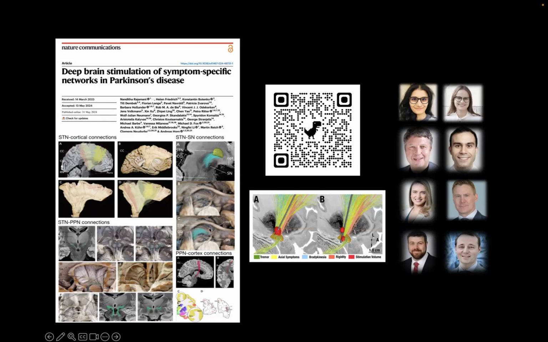You can see these connections shown here, that I've shown in the atlas, together with many connections also dissected by Georgios Skandalakis, and I worked together with Dr. Andreas Horn and this team, and Nandita Rajamani and Helen Friedrich, to have this beautiful paper where you can understand this neuroanatomy better.